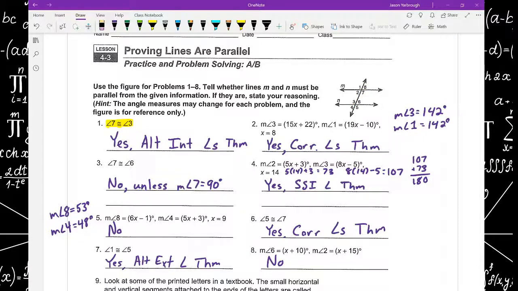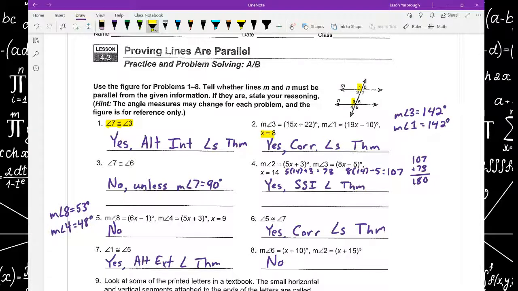On number 2, it says we've got angles 3 and 1. Those are corresponding angles. In order for corresponding angles to prove lines parallel, they would need to be congruent. So what we need to do on this one is plug in 8 to both expressions and figure out what value that gives us for each of them.